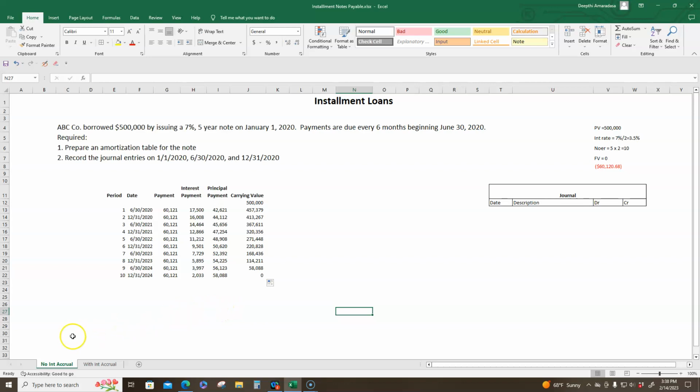Now let's look at the journal entries. I have a little template for a journal here, so let's go ahead and do that. The first journal entry occurs on January 1st, 2020. That's when we borrow money. So on 1/1/2020, the company is going to receive cash, so they're going to debit cash for 500,000 and credit long-term notes payable.